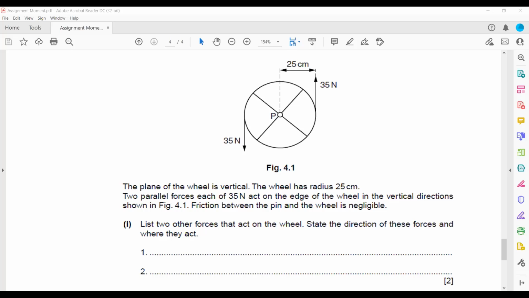So what will be the two forces that act on this wheel? Number one, there will be the weight of the wheel, which acts downward.